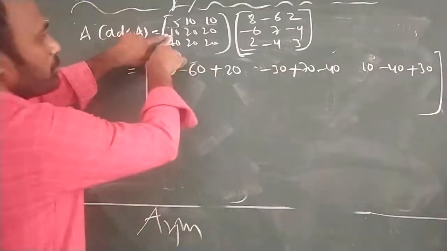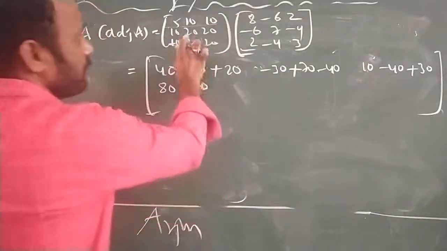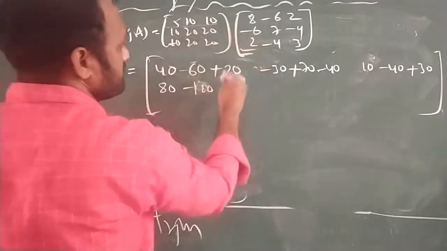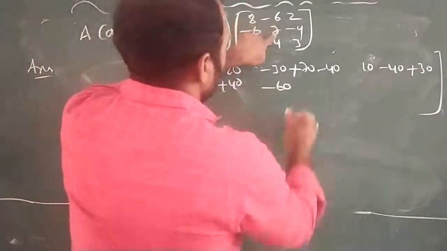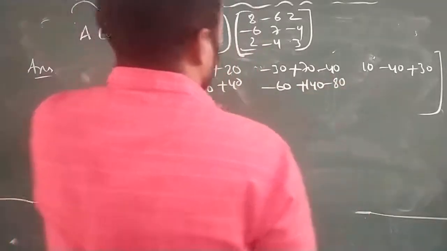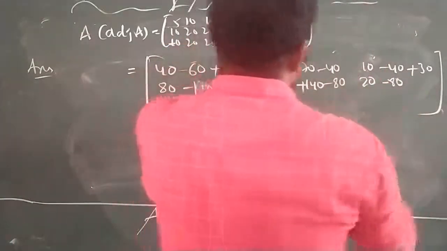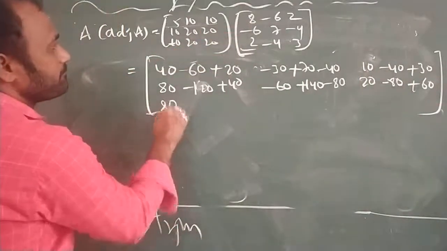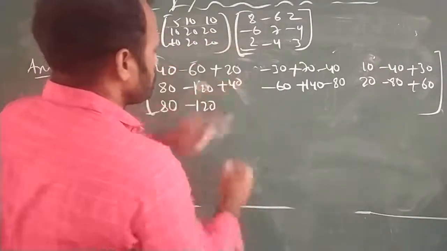And next the second row, 10 into 8, 80, minus 60, 20 into 6 is 120, minus 120, plus 40. Minus 60, 20 into 7 is 140, minus 80, and 10 into 20, then 20 into 4 is 80, and 20 into 3 is 60.